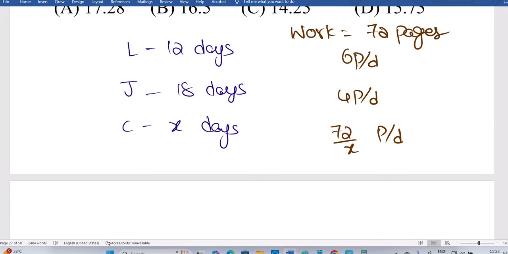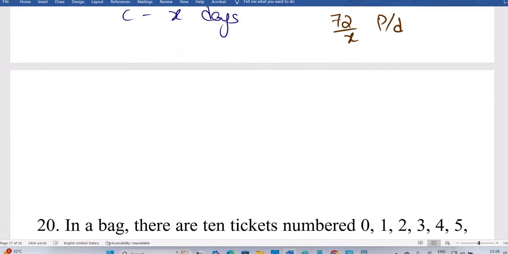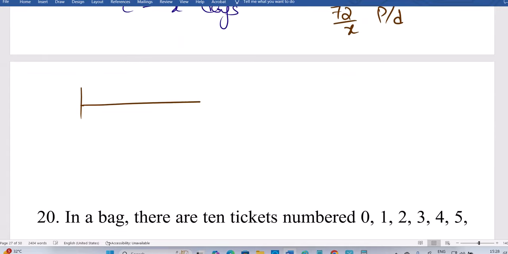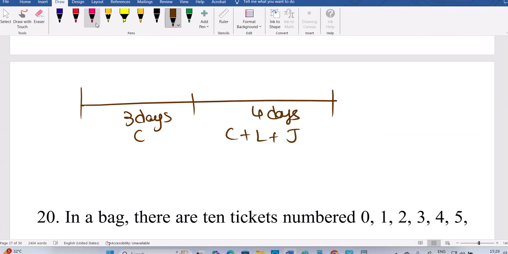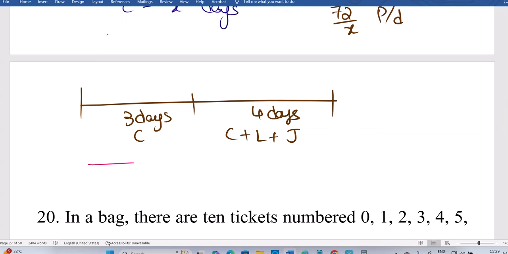Are you clear so far? Now what's the next scenario? Initially who started the work? Chris started and worked for 3 days. Then the remaining two people also joined and the work was completed in 4 days. So total work is already 72 pages, we fixed. You can take 36 pages also, your wish. Actually the LCM for 12 and 18 is 36 only. Okay, no problem.